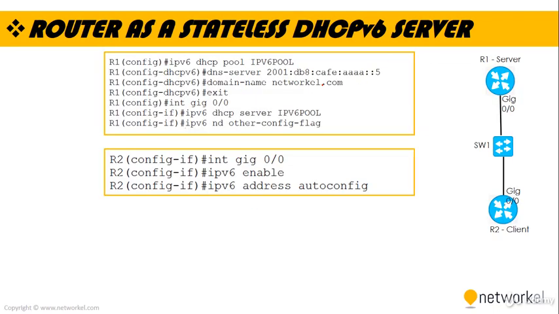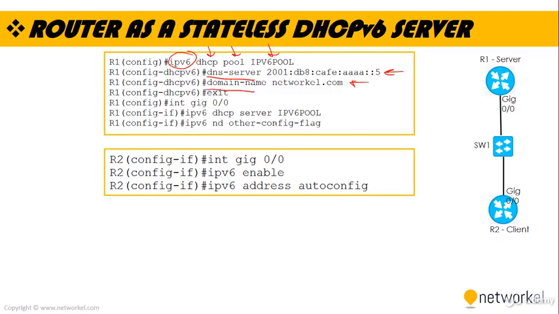We can use our router as a DHCP server in IP version 6 networks too, similar to IPv4. In this configuration, router 1 offers DNS server and domain name, as you can see. First, we are defining a pool again by typing IPv6 DHCP pool and the name of the pool, and we are defining the DNS server and the domain name.